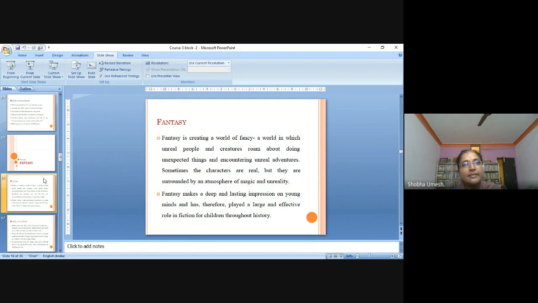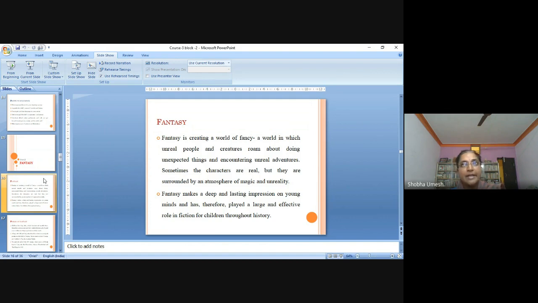You might have seen the movie Harry Potter. Everything happens through magic, so it's a magical world we can see in Harry Potter. In the same way, there are certain movies where we come across unreal adventures involving characters who are real, or who are surrounded by a magical and unreal atmosphere.